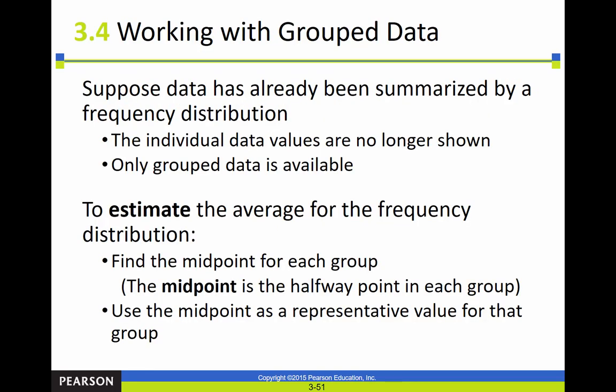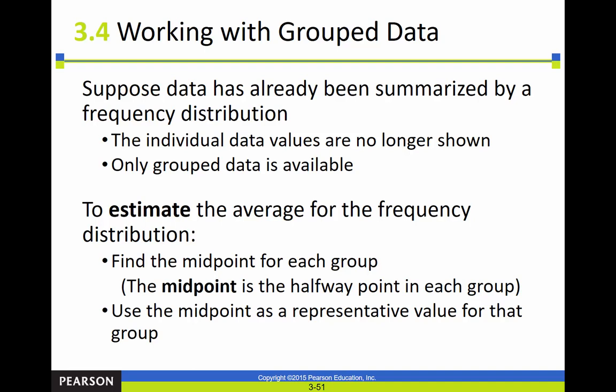All right. So sometimes, though, it's not so simple as just working with each data point. Oftentimes in real life, we're dealing with information that is grouped, meaning we don't have an exact number for each value we want to measure. Instead, we might have a range of values.